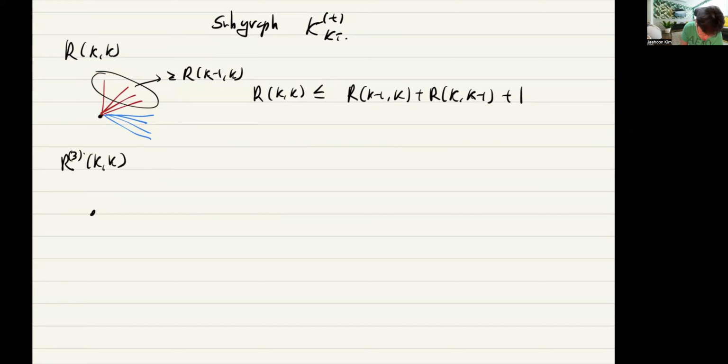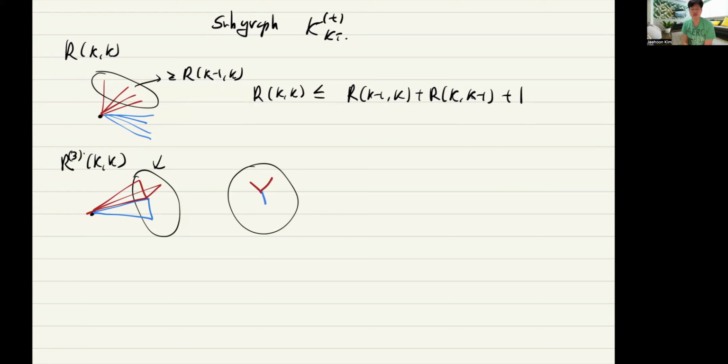Then you consider all the edges in here. Meaning that if you have this triangle, this hyperedge is red, this hyperedge is blue, and this hyperedge is red, then you consider the coloring on the edges here. That gives you an edge coloring here.